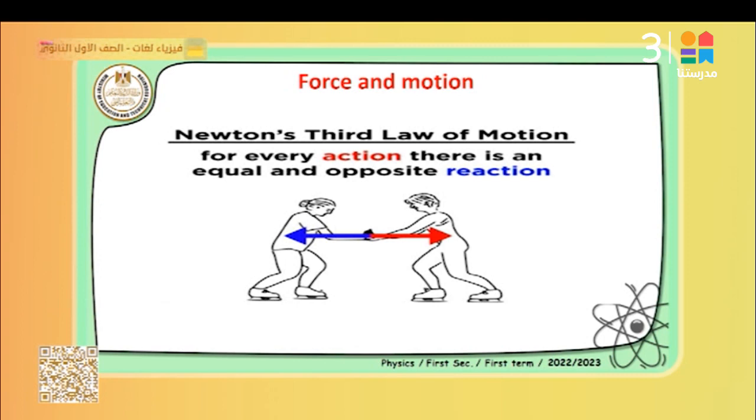Newton's third law, as you see in the photo, action and reaction force. When you push your colleague or your teammate, he will push you with the same force, so you'll find both of you go far from each other.